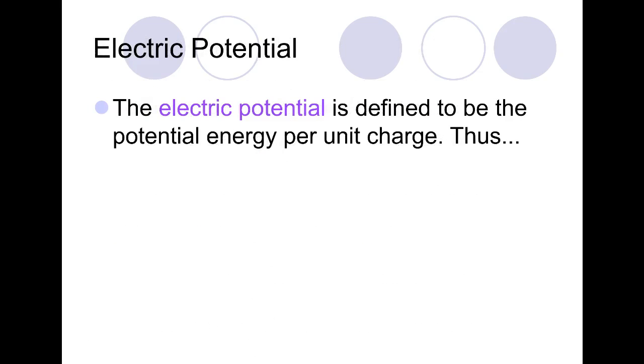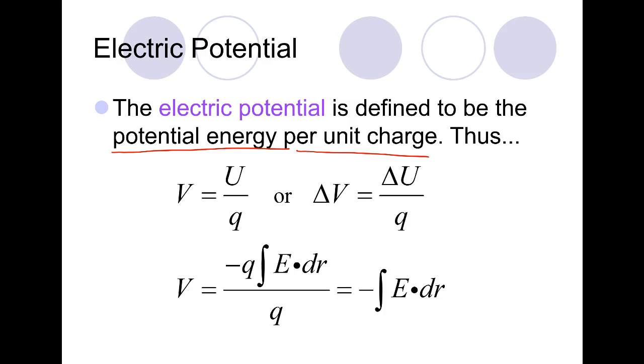Okay, now the next concept is electric potential. Now electric potential is simply defined as the amount of potential energy that we have per unit charge. So we'll get more into this a little bit later when we talk about circuits, but for now we're going to just think of electric potential as potential energy divided by charge.